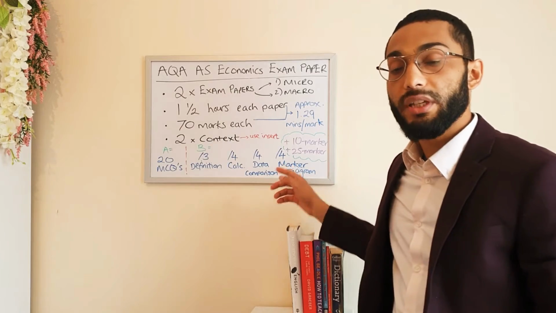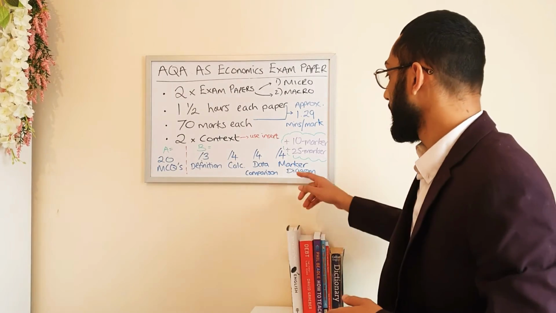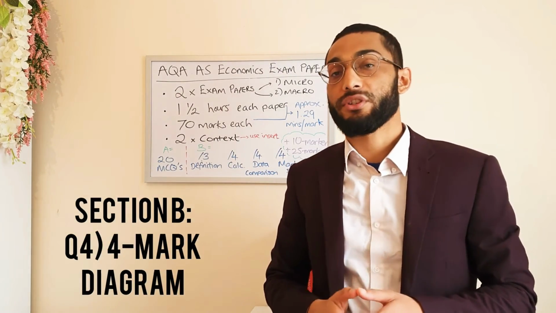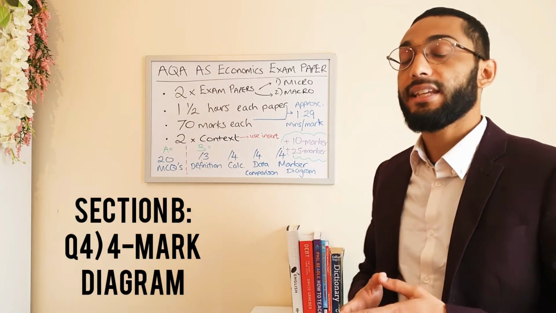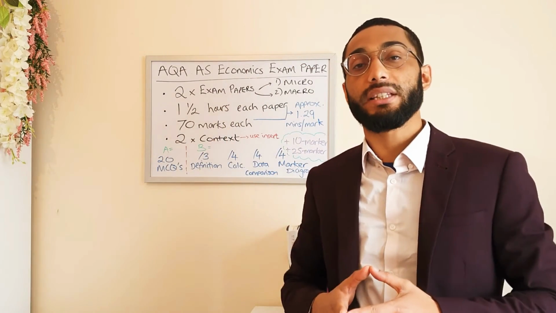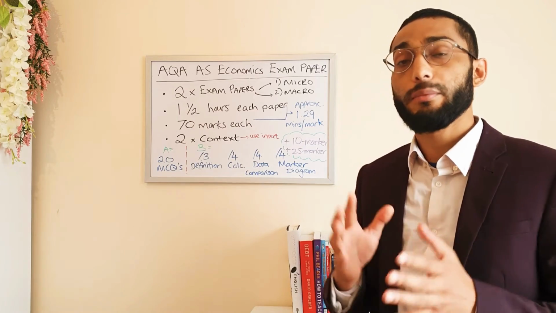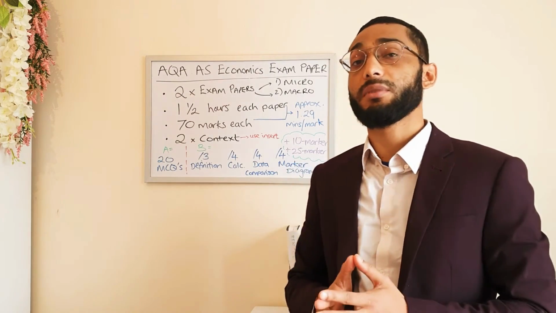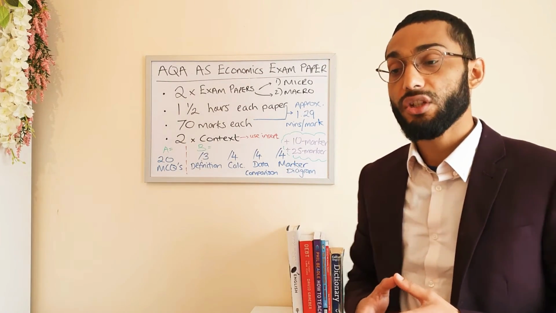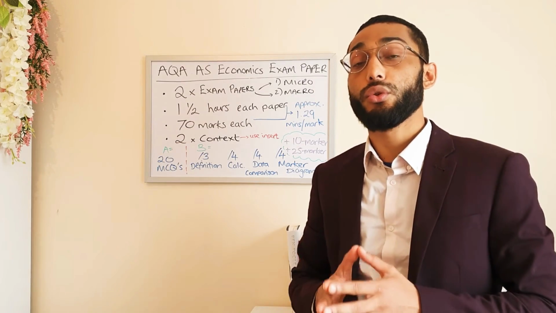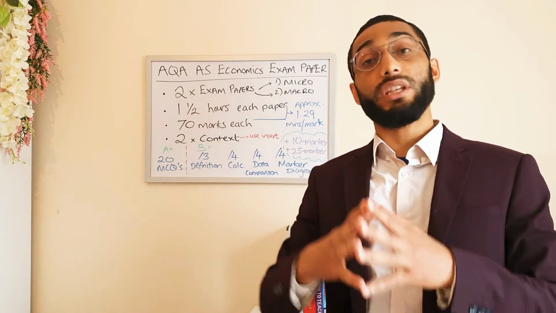Lastly, in section B, when it comes to the small mark questions, you'll have a 4-mark diagram question. They'll give you a context and then you have to create the diagram that they're after. The diagram could be a simple demand and supply diagram, but sometimes in the AQA specification they ask you to draw a bar chart, for example, or even a pie chart.